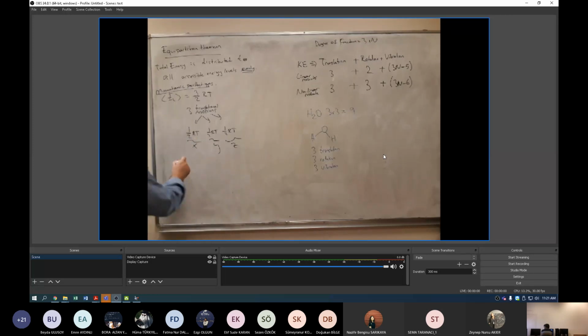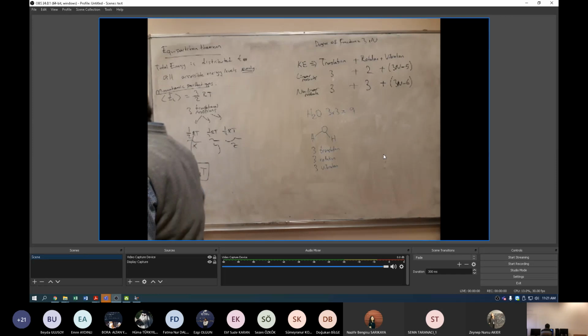If it was 1 molecule only, a single molecule, then R would be replaced by k Boltzmann. So this is the energy component only in the X direction.